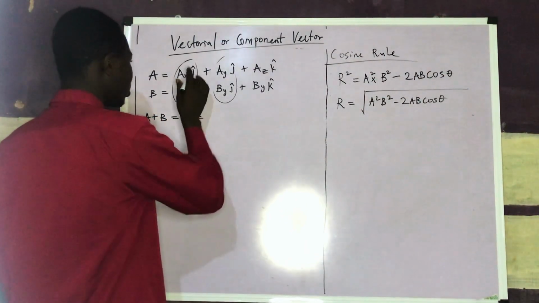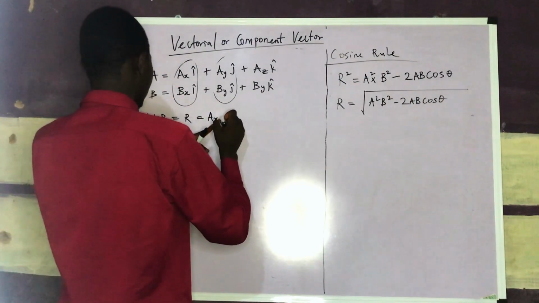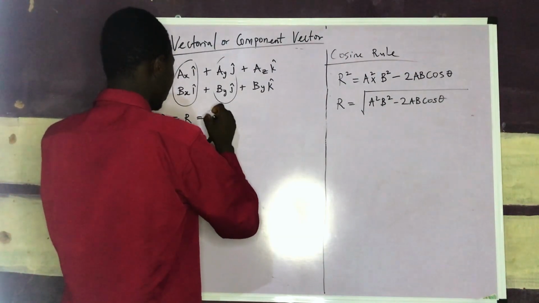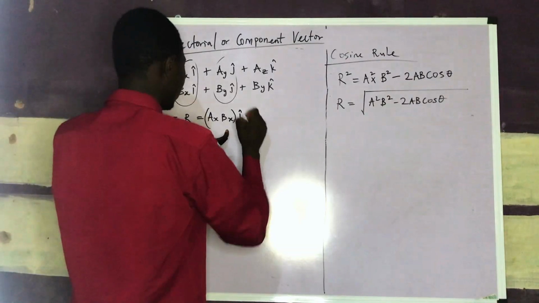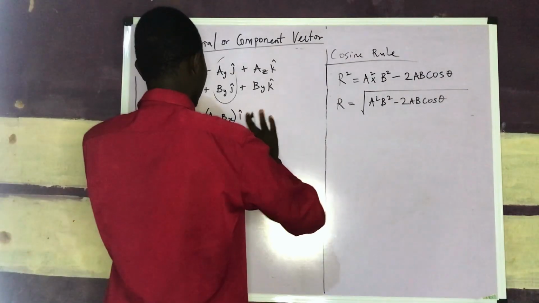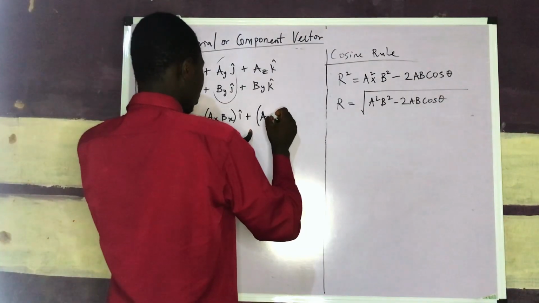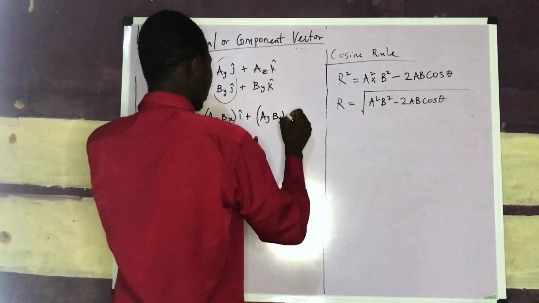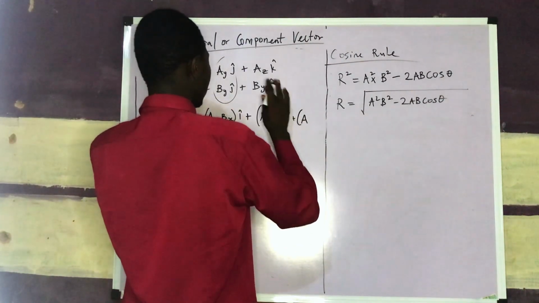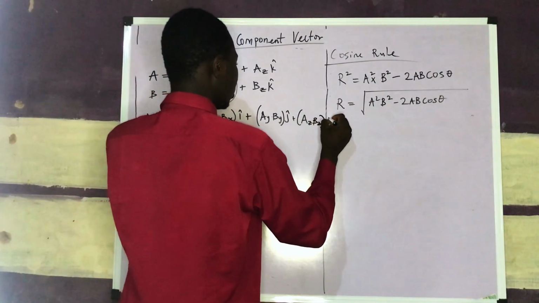That resultant will be, we add this one and this one together. That's ax plus bx, open bracket, i, here y, we have plus ay plus by, j, plus az plus bz, k.